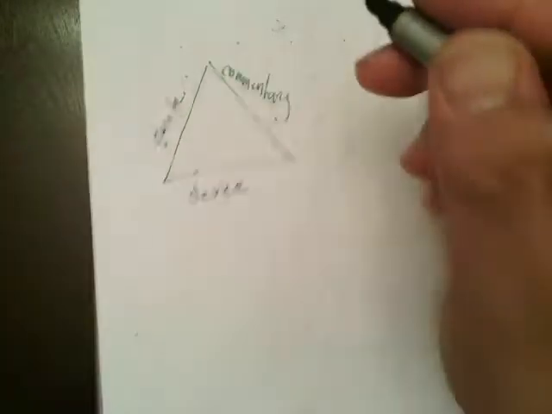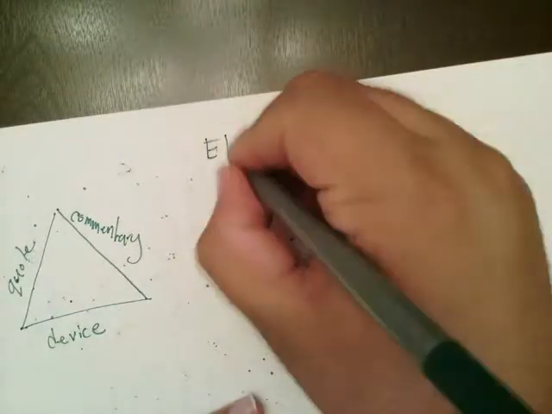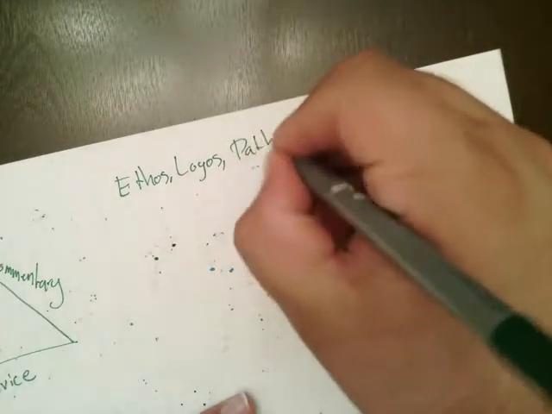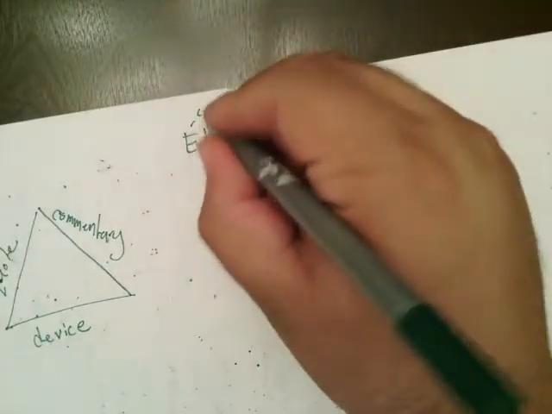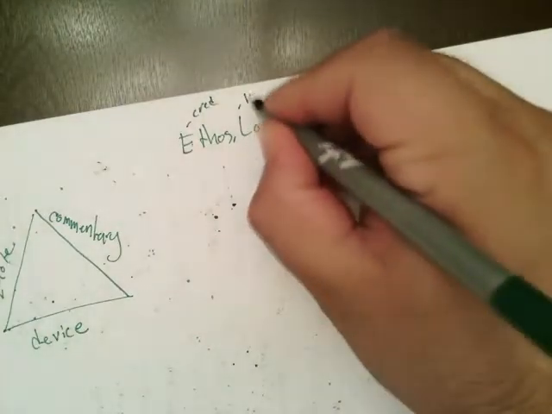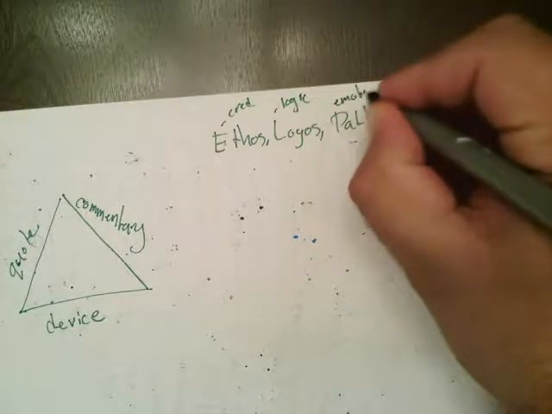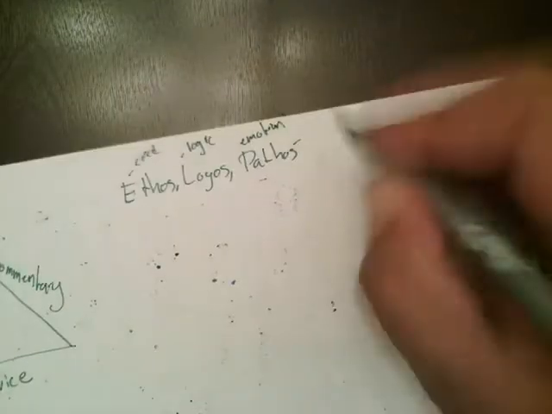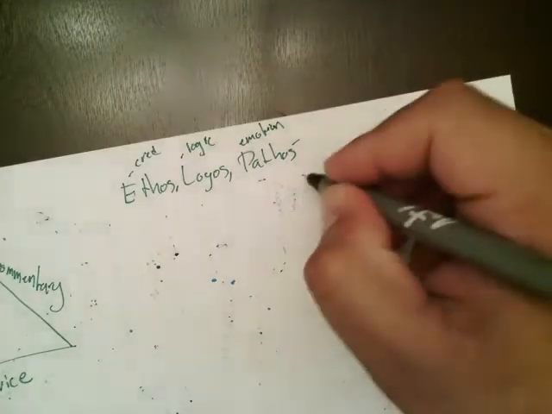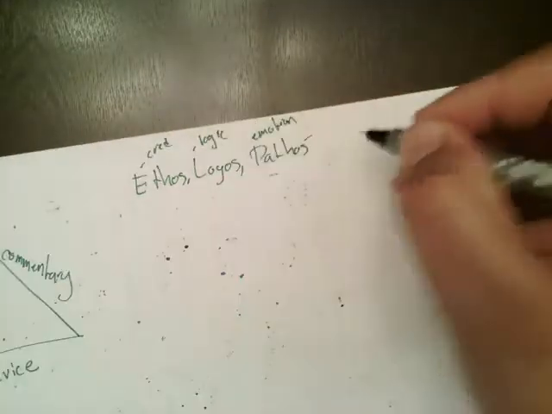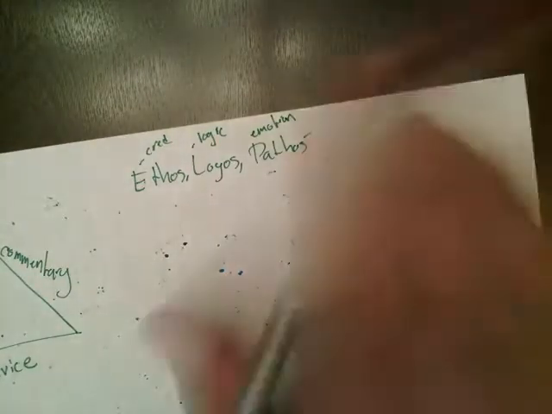I'm going to fold this also into our three appeals: ethos, if you're Greek; logos, I'm probably butchering the Greek; and pathos, etc. Okay, so credibility, logic, and emotion. A lot of times the word pathetic, that's where this comes from. You can have a pathetical appeal. That doesn't mean that it is in fact pathetic, like a weak appeal, but that it means an emotional appeal. So emotional and pathetical are the same thing.